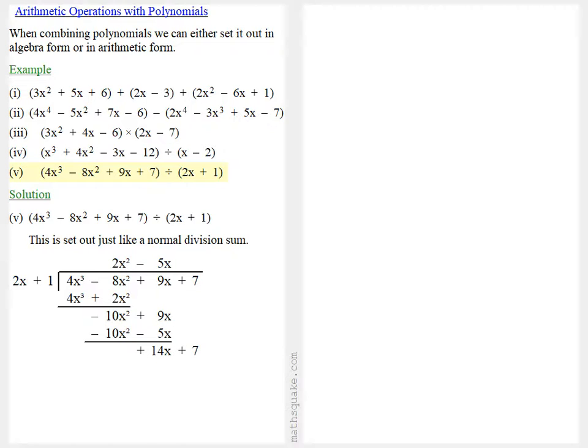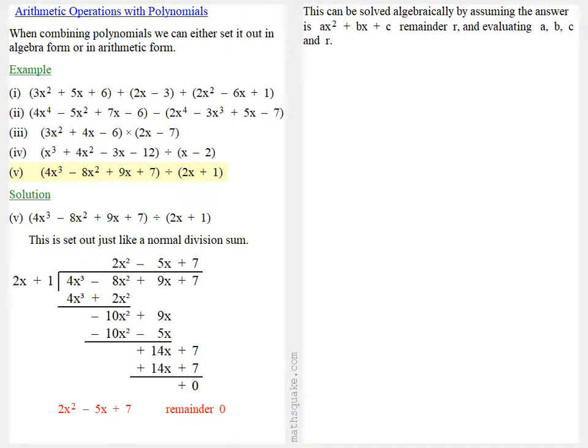We then bring down the next number, which is plus 7, and we divide 14x by 2x. That goes plus 7. We multiply the 7 with the 2x plus 1, and that gives us plus 14x plus 7, and when we subtract we get 0. So we have as our answer 2x squared minus 5x plus 7, remainder 0.